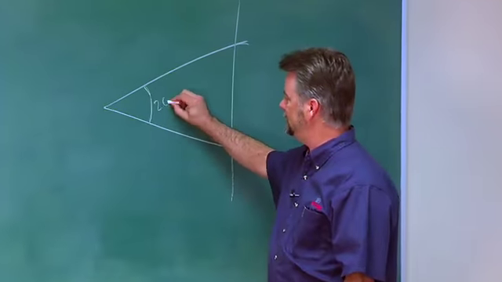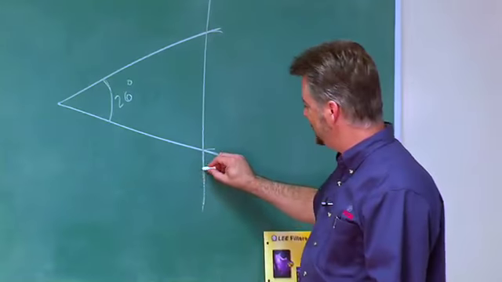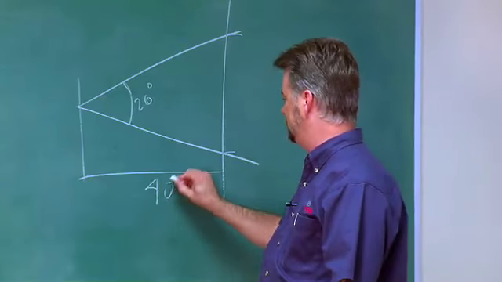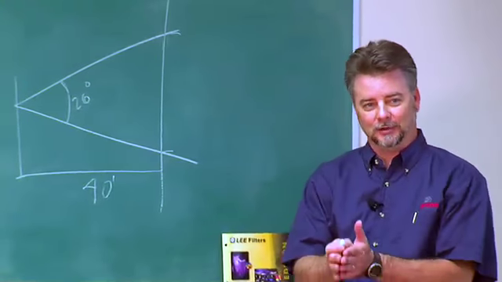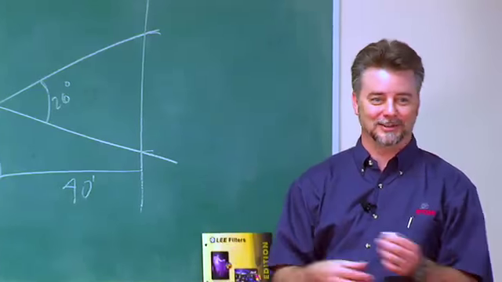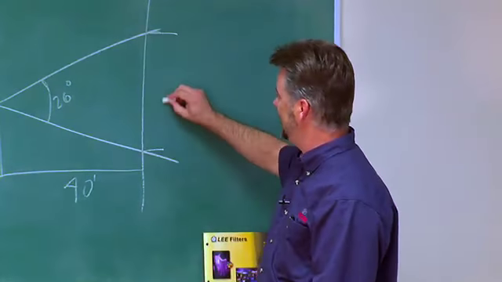So if this is 26 degrees, and I do a calculation here that this is 40 feet, I can do the math, or I can make myself a little scale triangle, or I can go to the website and look at their calculations already, and I'll know that this is, say, 10 feet.